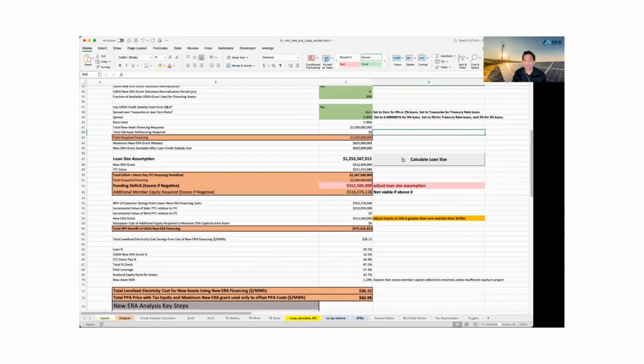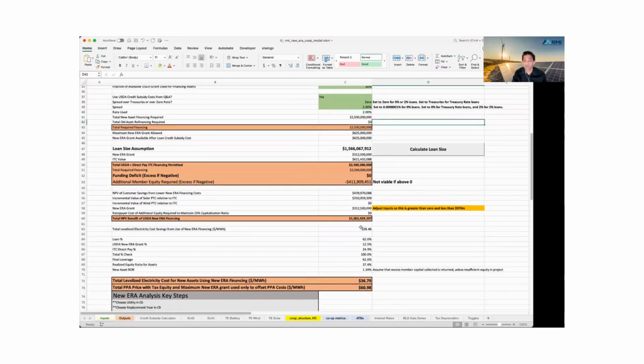So if you do that, you may have less ability to really take advantage of the New Era grant, and your loan size may need to be recalculated. In this case, there is still an advantage, but your leverage ratio has changed. You need to get more of a loan than just the grant alone.